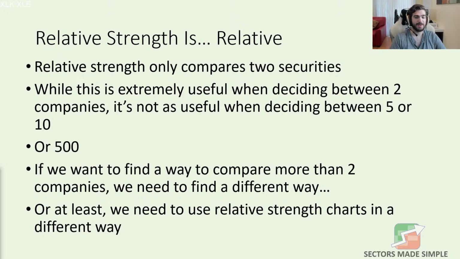If you want to find a way to compare more than 2 companies at the same time, we need to get a little creative. Or at least we need to find a way to use relative strength charts in a different way.